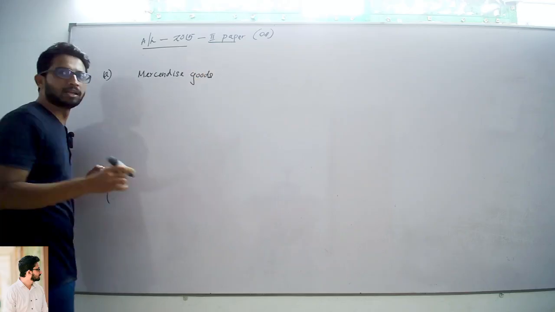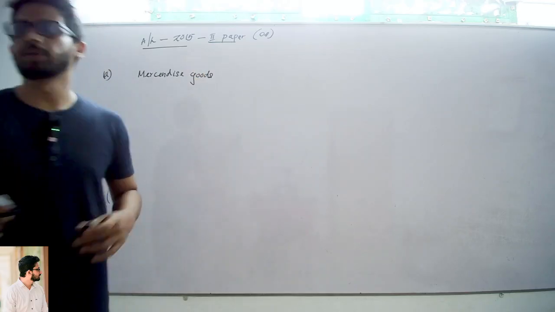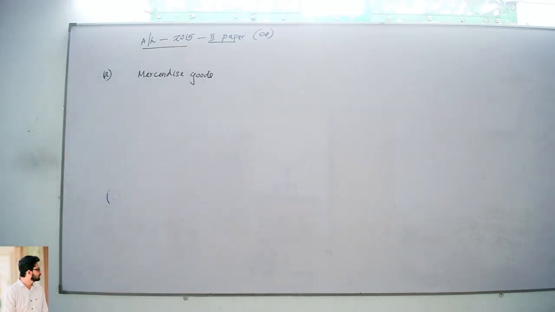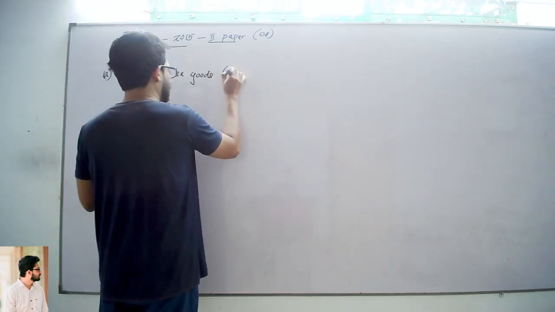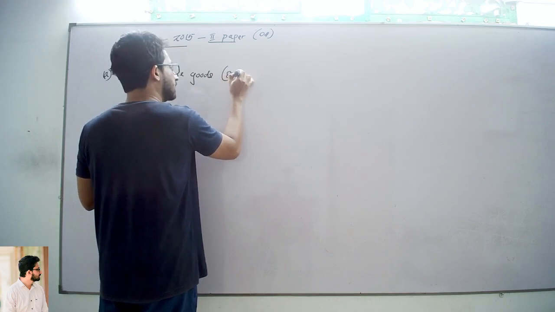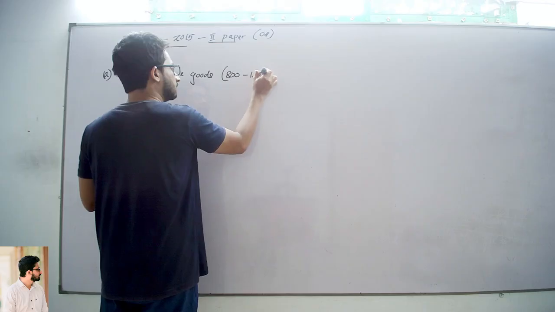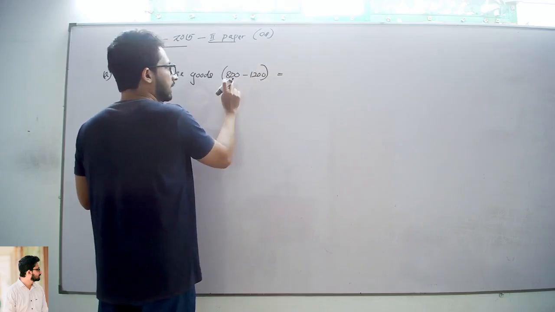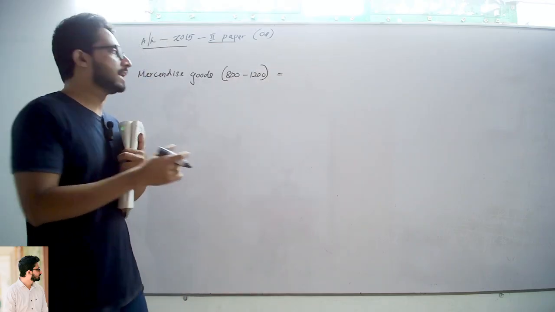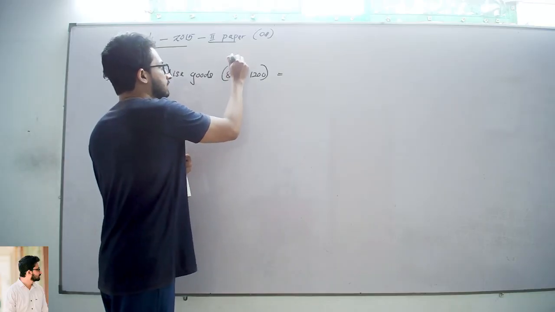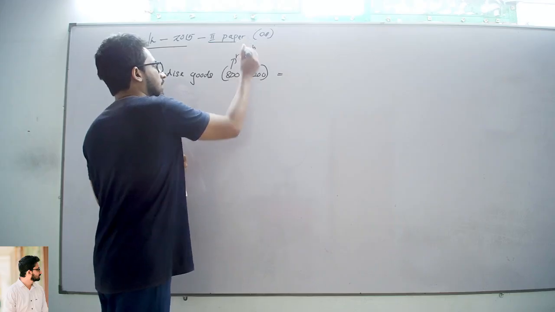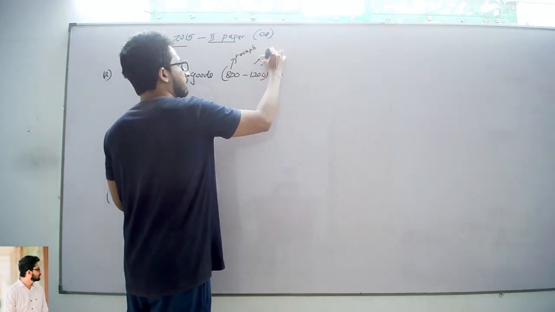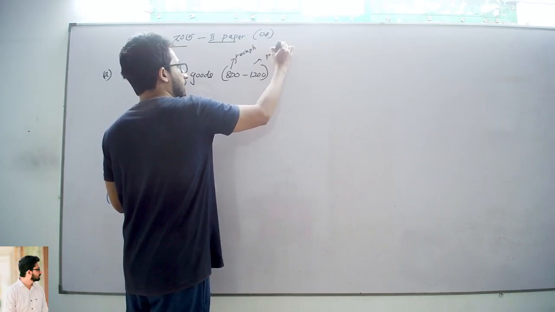Get the net balance. You can see credit value is 800, debit value is 1200. So merchandise goods net value should be 800 minus 1200. 800 means receipts, 1200 payments.